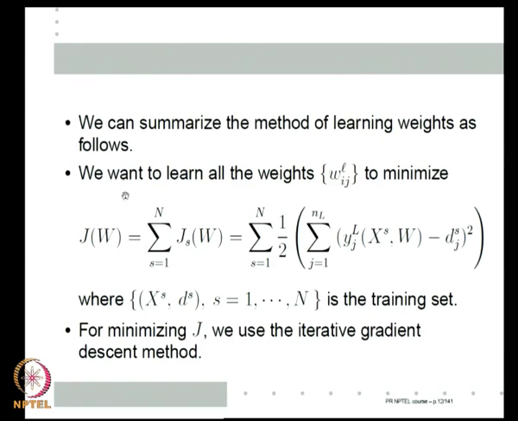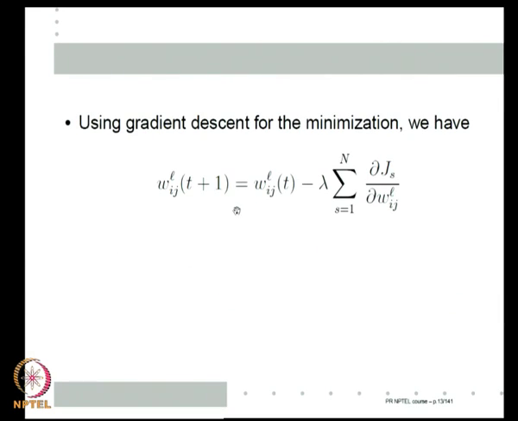Because J(W) is a sum of the J_s(W)s, the derivative will also be a sum of these derivatives. So, I get w_ij^l(t+1) is w_ij^l(t) minus lambda, the step size for gradient descent, times the sum over s equal to 1 to n of the partial derivative of each of the J_s with respect to w_ij^l.